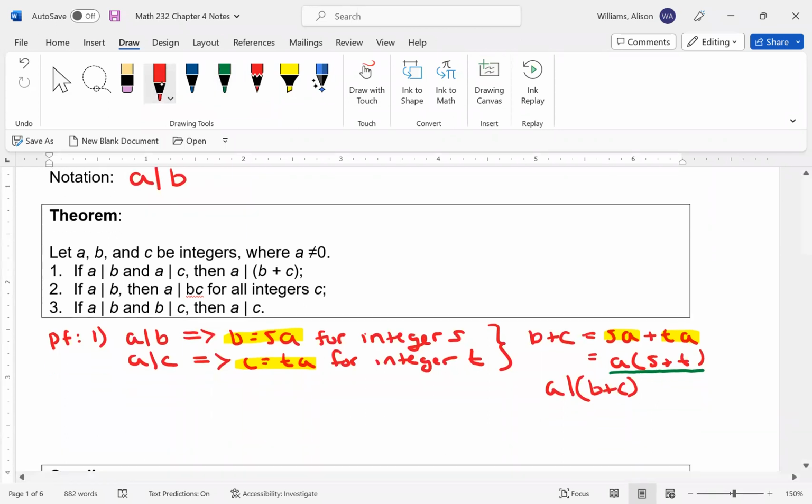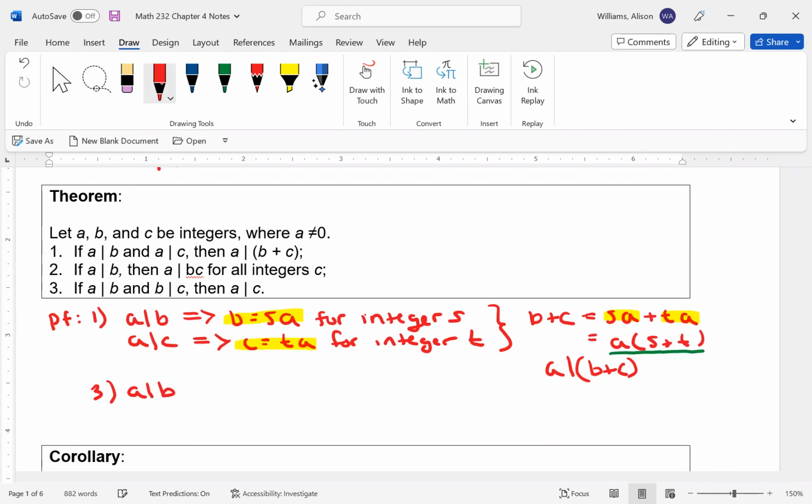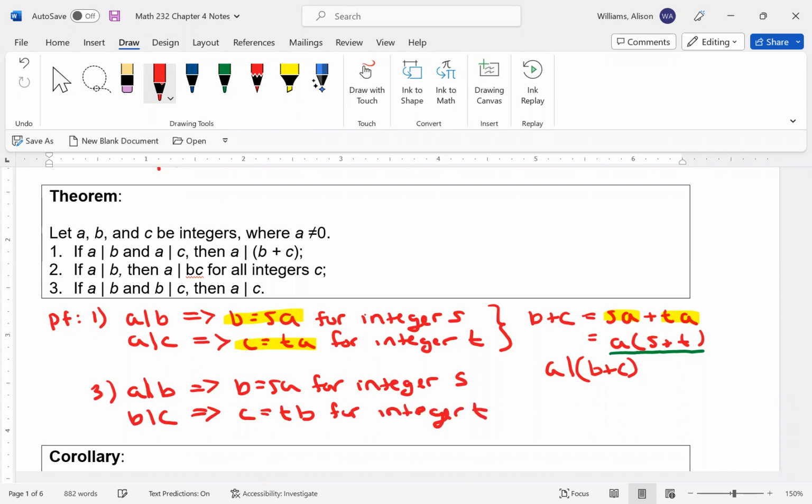All right, let's try the third one. I didn't give myself much space on this, so I'm trying to squeeze it in. The third one says that a divides b and b divides c. So a divides b means, again, that b equals sa for some integer s. And b divides c means that c equals t times b for some integer t. It's a little different because we're talking about b dividing into c.